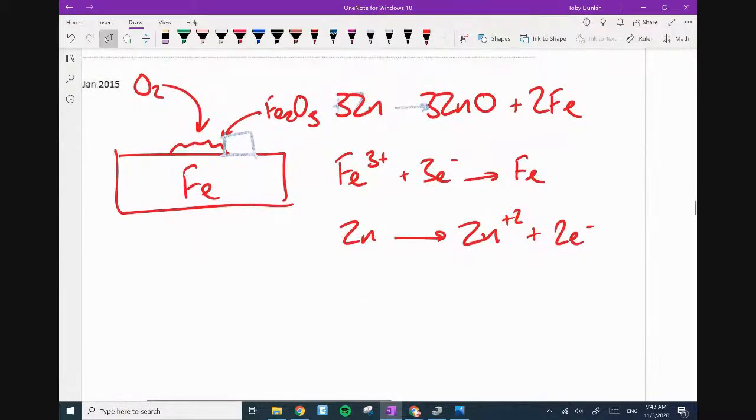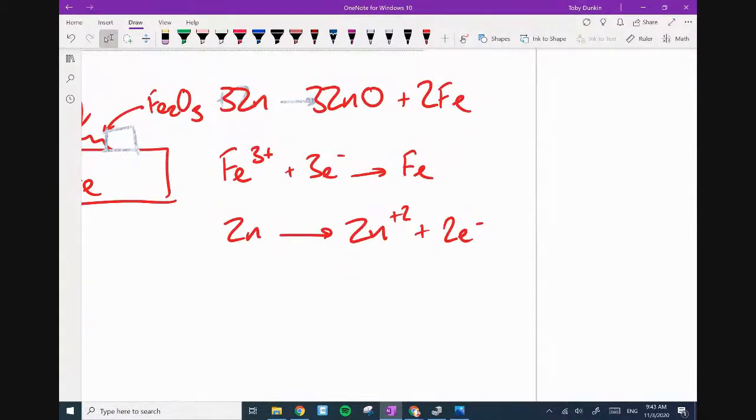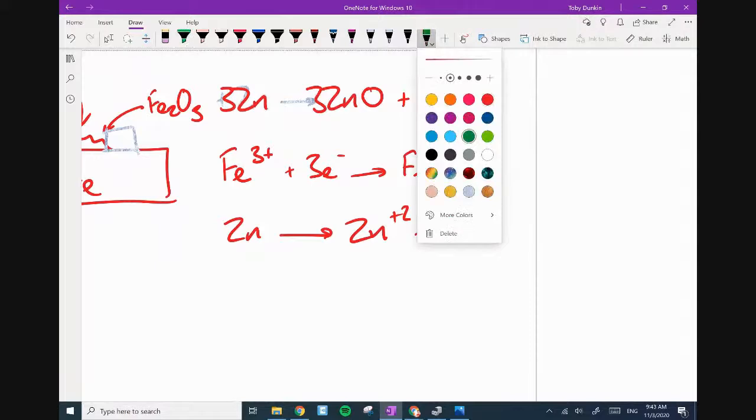These equations now come together. So the zinc is providing the electrons for the iron to turn back into iron. This is what's happening in terms of electrons. Then you can balance these equations and add them together. It's quite nice to do this.